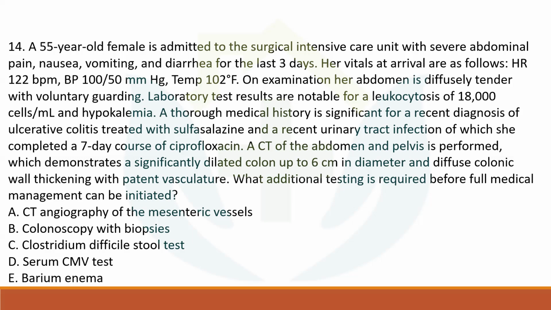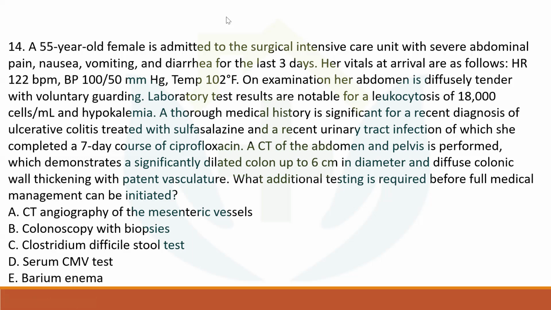CT angiography of mesenteric vessels, colonoscopy, C. difficile stool tests, serum CMV test, or barium enema. This is a very typical history which we get, leading to an important diagnosis. And if you have got the clues in the question, you can answer it correctly.